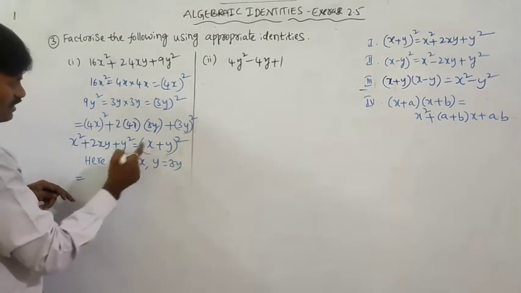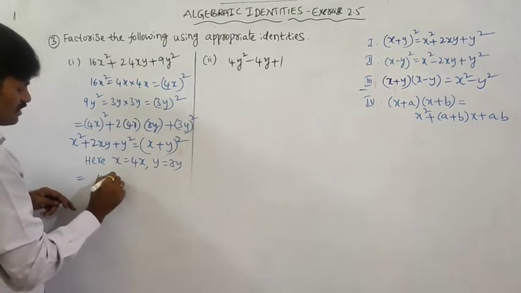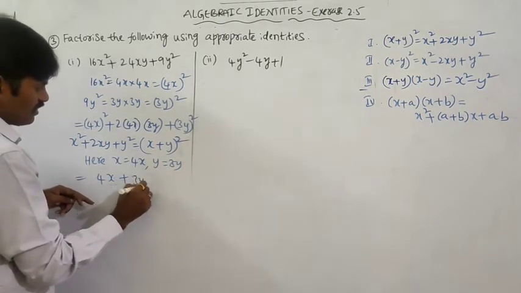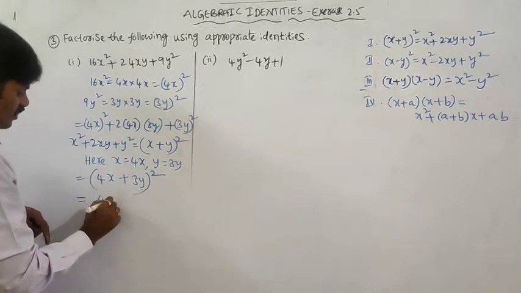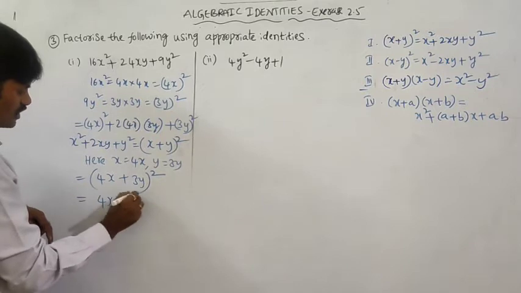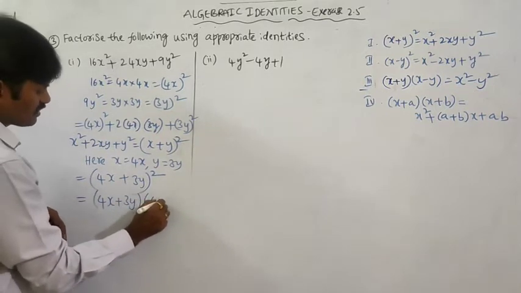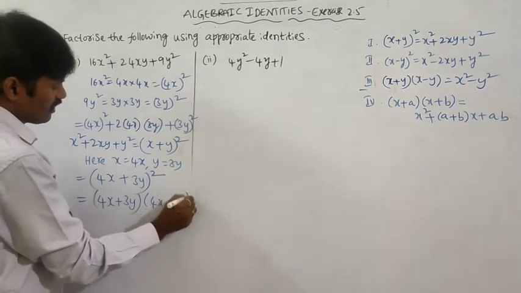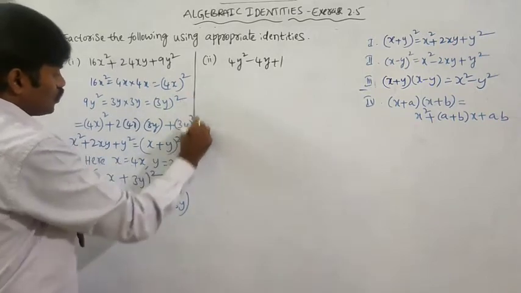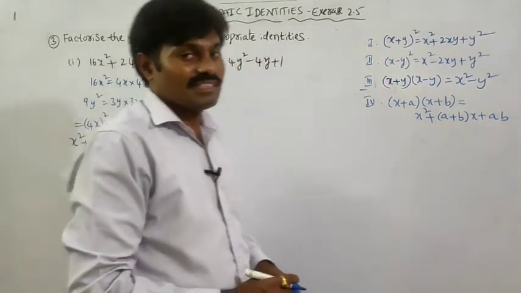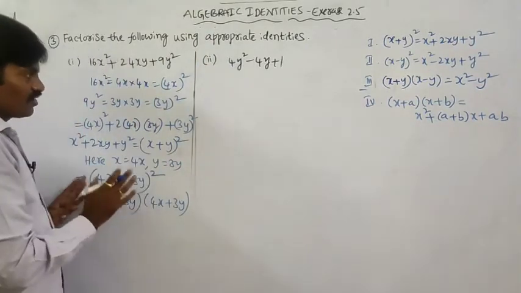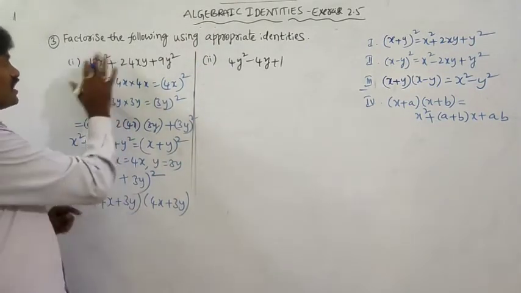Substituting, it can be written as 4x plus 3y whole square. They ask us to write the factorization, so write in product form: 4x plus 3y into 4x plus 3y. Here the given expression has two equal factors, 4x plus 3y and 4x plus 3y. Is it clear?